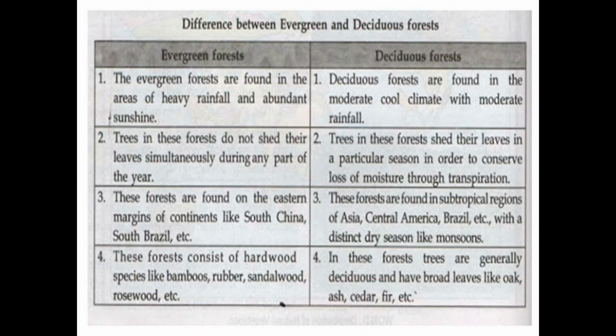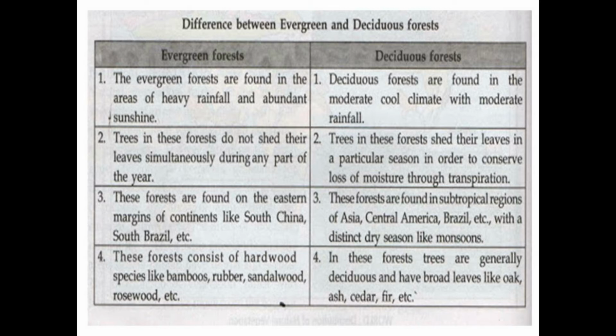Depending on when the trees shed their leaves, forests have been classified as evergreen and deciduous forest. Evergreen forests do not shed their leaves simultaneously in any season during the year, hence they always have some leaves on trees. They always have some green cover of leaves throughout the year.